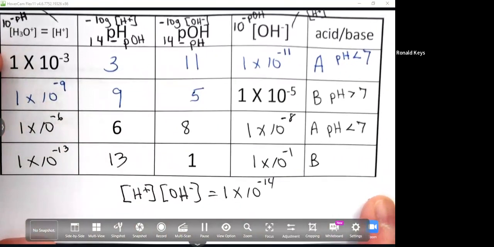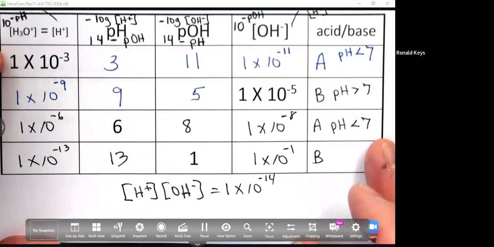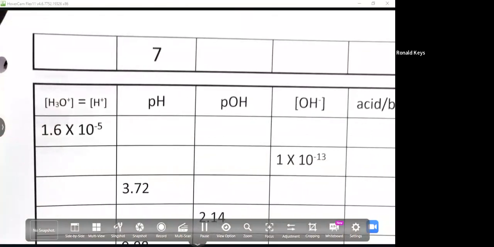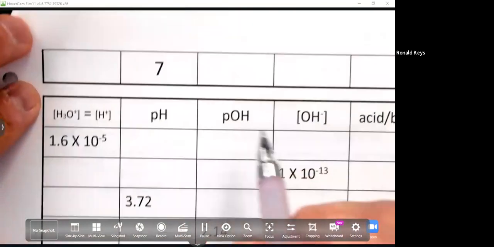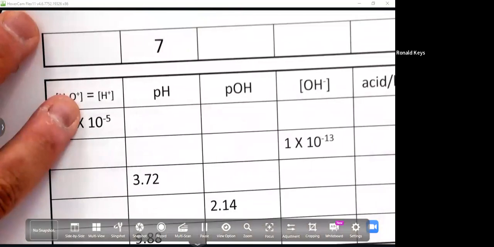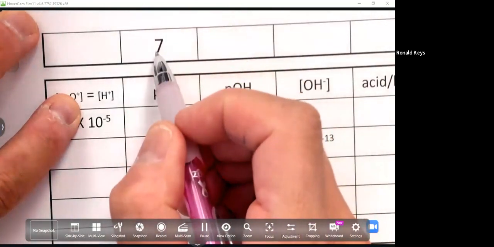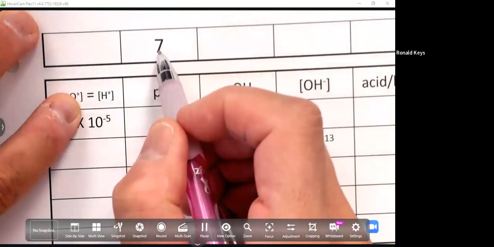All right, let's change this so the numbers don't work out so easily, so we're actually using our calculators. I guess we can do this one. My pH is 7.